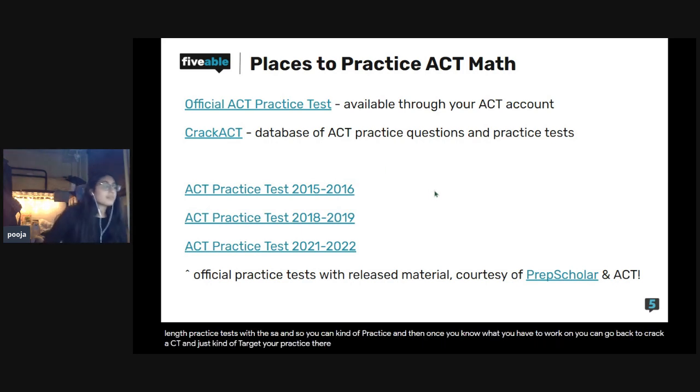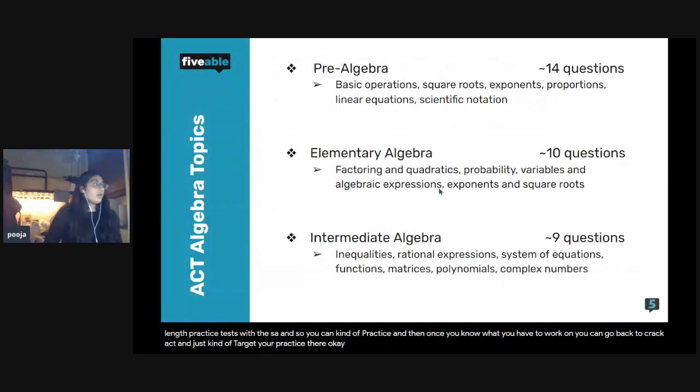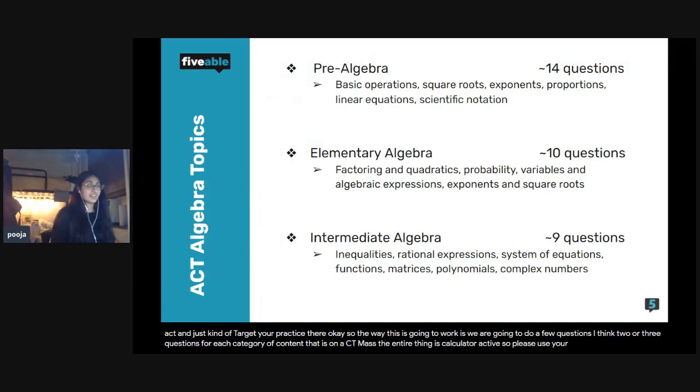Okay, so the way this is going to work is we're going to do 2 or 3 questions for each category of content that is on ACT Math. The entire thing is calculator active, so please use your calculator whenever you can. And remember that this is not an AP test, so you're not necessarily graded on showing your work.